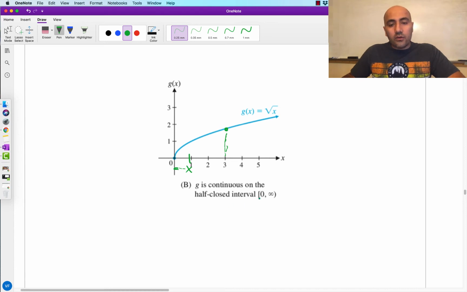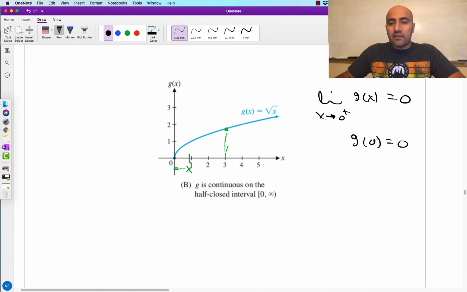And so we can conclude that the function is continuous on the interval from 0 to infinity, with a bracket around the 0. So we want to say that the limit as x approaches 0 from the right-hand side of g of x is equal to 0, and also g of 0 does in fact equal 0. So we can say that it's continuous from one side only. It's continuous from the right-hand side at 0, which allows us to make this conclusion.